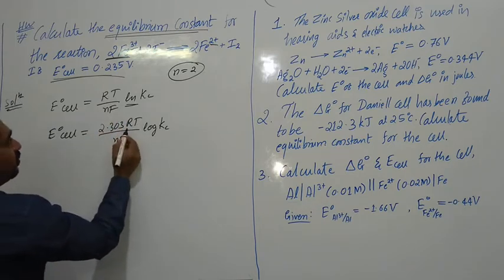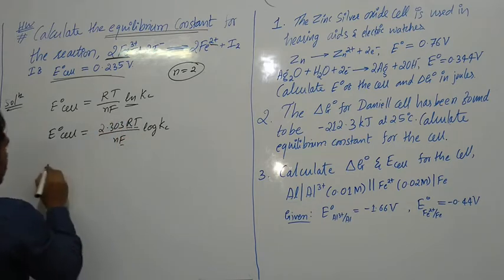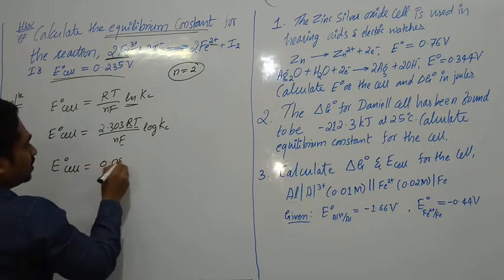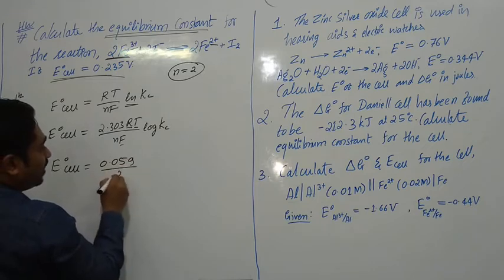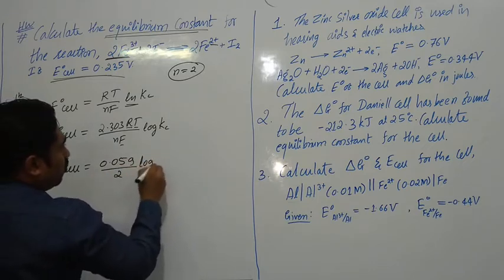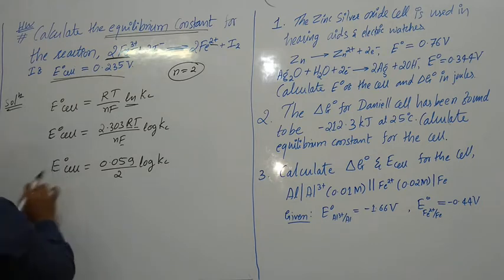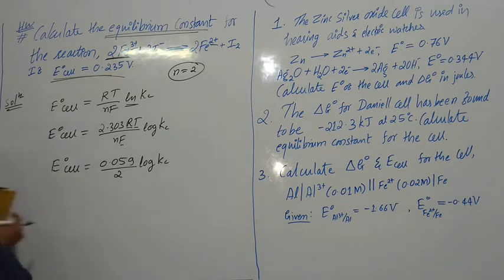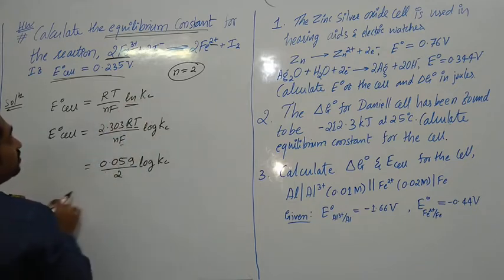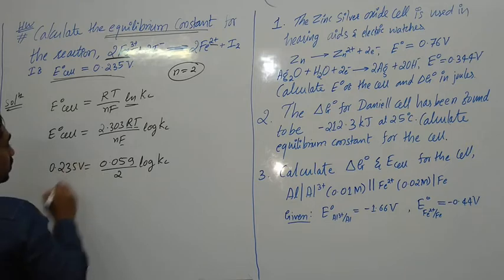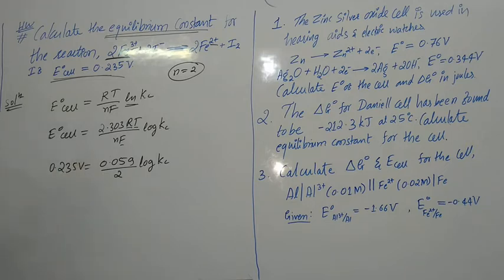Now I am putting in the values of R, T and F. We know that E° cell is equal to 0.059 divided by 2 log of Kc. And they have given the value of E° cell. How much is it? 0.235 volt.